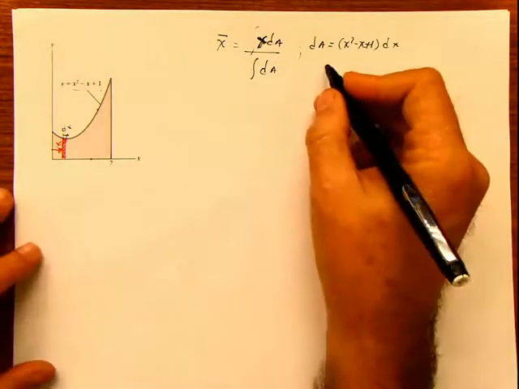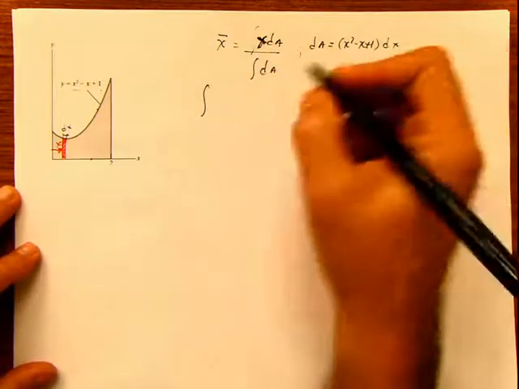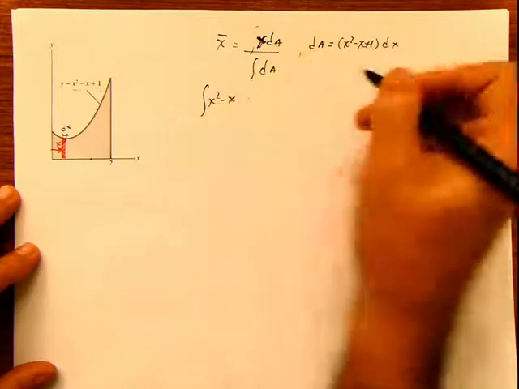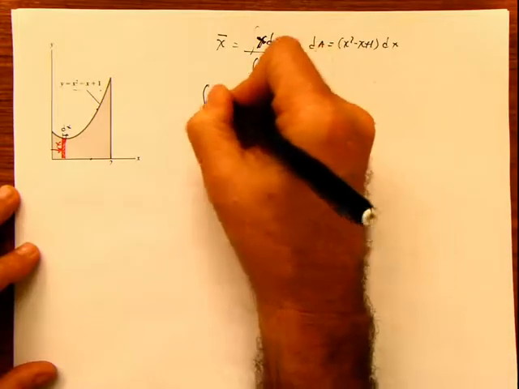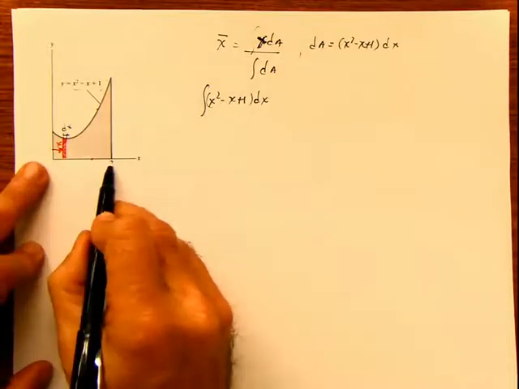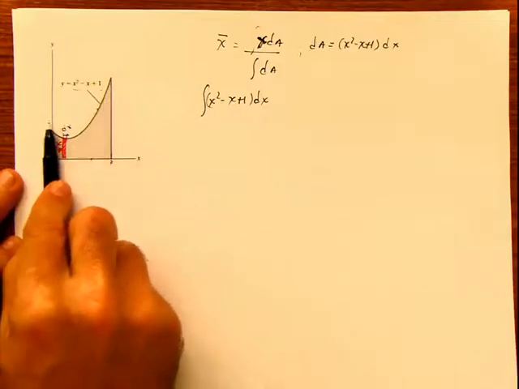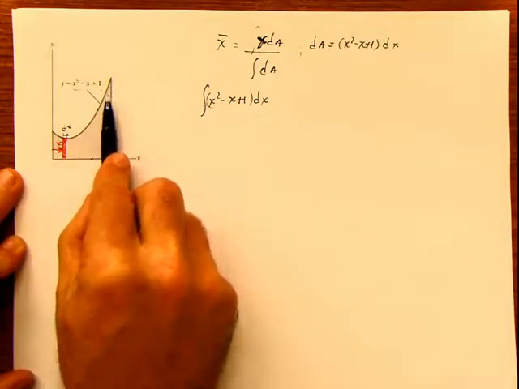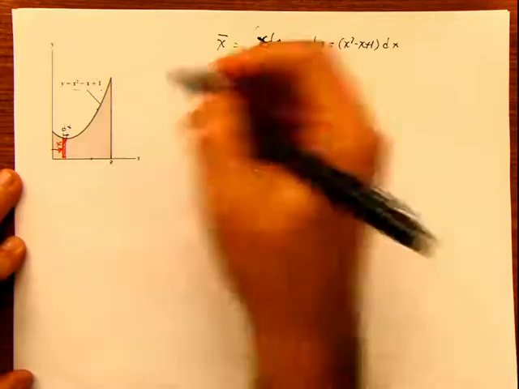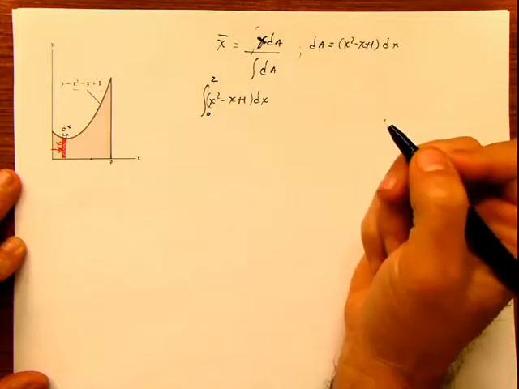Now if I have to find the area first, then I have to do the integration of that: the integration of x squared minus x plus 1 dx. And remember, this is going from 0 to 2, because that's the same way that we are running our differential of area to form our area.